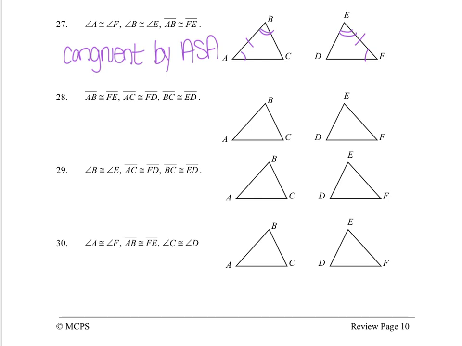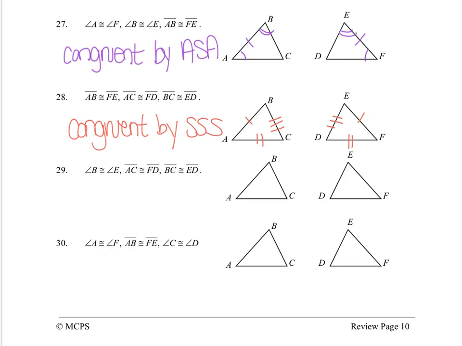Question 28 says AB is congruent to FE, AC is congruent to FD, and BC is congruent to ED. We can very well see that this is going to be congruent by SSS because all three corresponding sides are congruent.